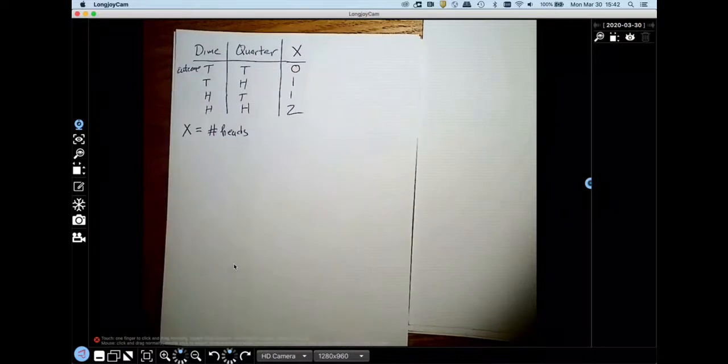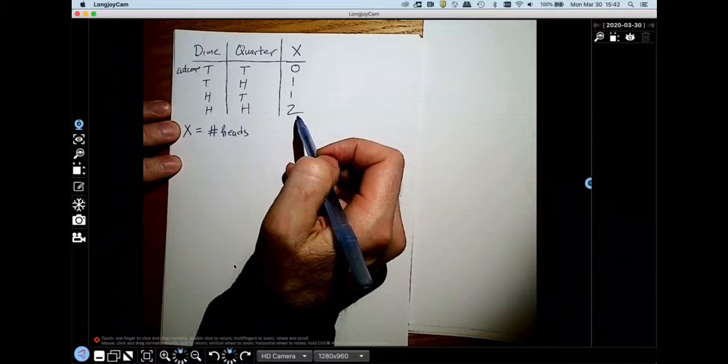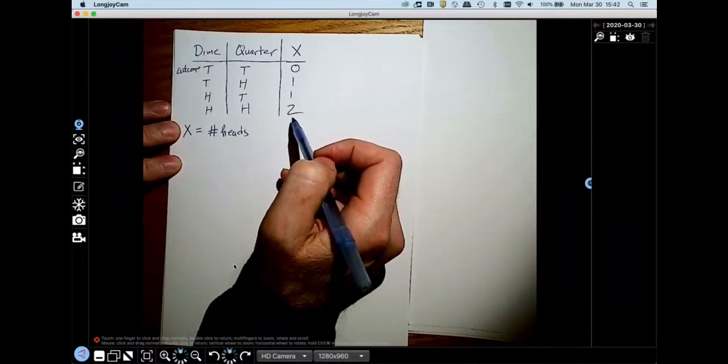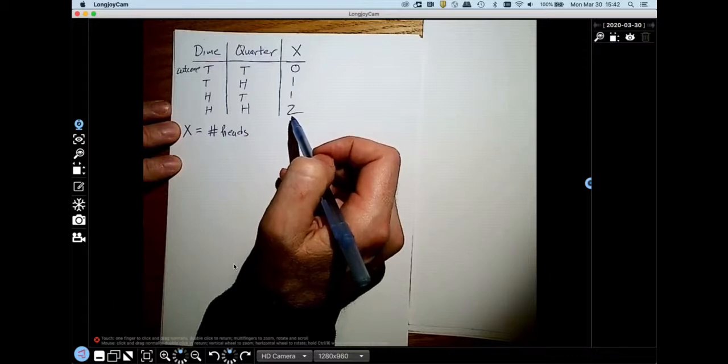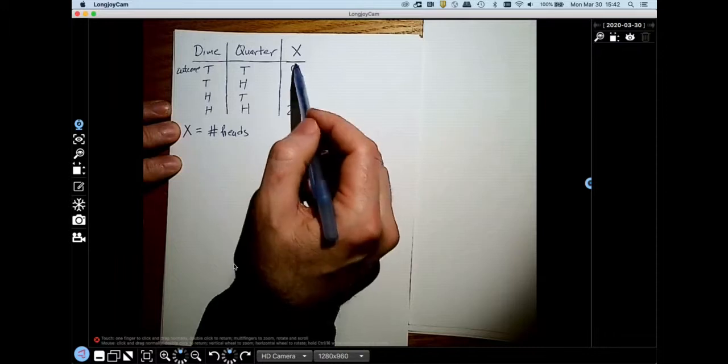All right, now, what we usually do with this is we summarize this random variable with a probability mass function. So a probability mass function just tells us the probabilities that we're going to observe each of these values of x.